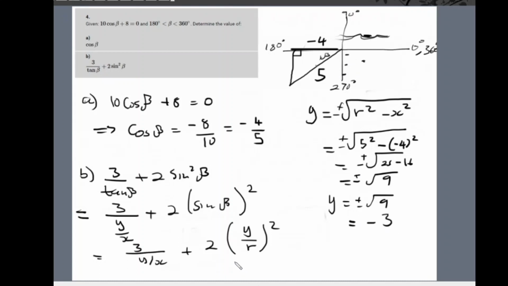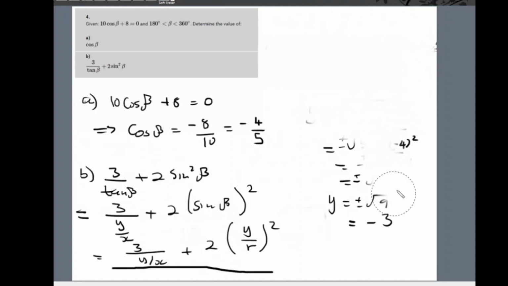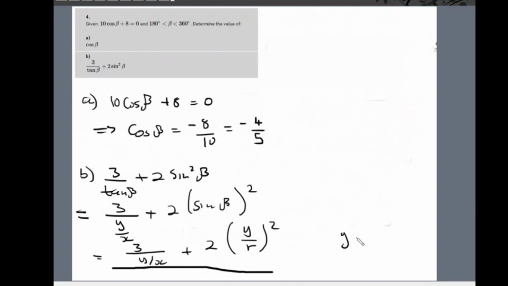Now we go back to this expression and substitute, because I'm running out of space. The value of y is -3.